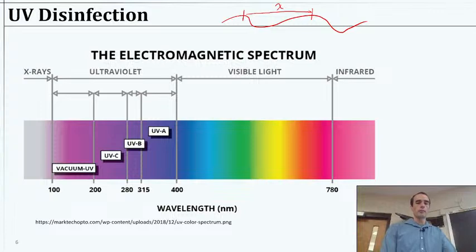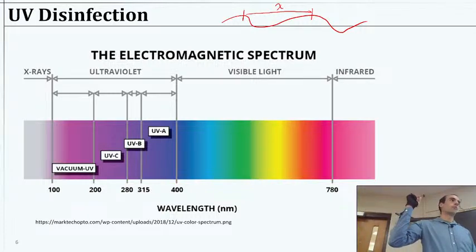Anything below that starts getting into the UV range, and from about 300 to 400 nanometers, we get a little bit of that light from the sun. But it really is tapering off, and that's a great thing, because as soon as we get anywhere below 300 or 280 really, you're starting to get light that causes DNA to what we'll call dimerize.